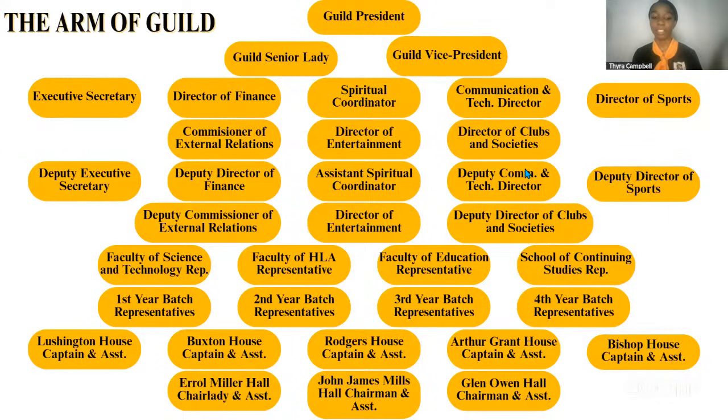For females, your representative is the chairlady and the assistant chairlady for the Era Miller Hall. And males, your representative will be a chairman and assistant chairman for either the John James Mills Hall and or the Glen Owen Hall. Right.